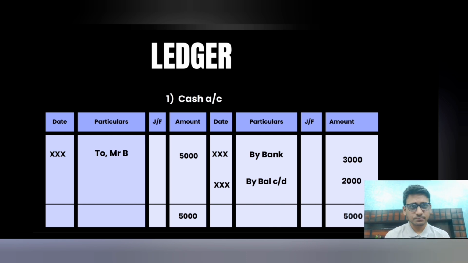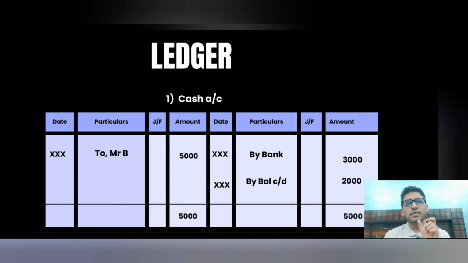In the first example we can see that we have written 'to B' and 'by bank'. So how did we arrive at this conclusion? The first journal entry is bank account debit to cash account. In this case, whatever is recorded in the journal entries is exactly reversed in the ledgers.